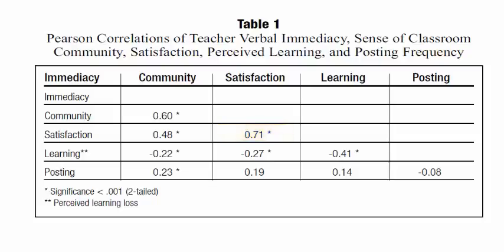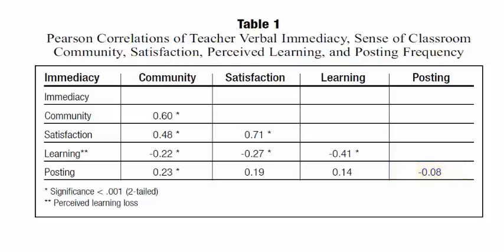In contrast to that, we have posting to posting, and it's negative, which means it's inverse, as one goes up, the other goes down, but 0.08 is extremely low. And notice it's not statistically significant, so it doesn't even really matter, because it's a chance result rather than something that actually occurred through the study.